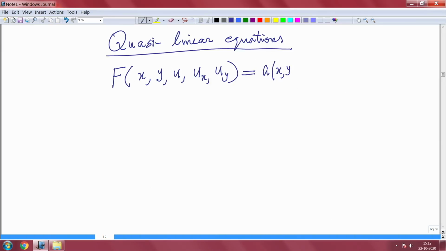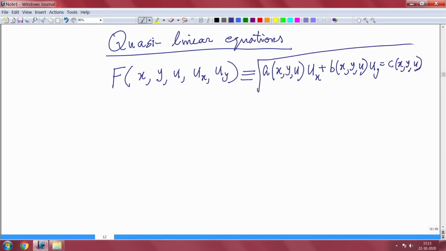So, your coefficient will depend on u, but in the ux variable it is ux. So, a of x y u uy ux plus b of x y u uy uy is equal to c of x y u. So, this is your PDE. Okay. You have your PDE, it looks like that.